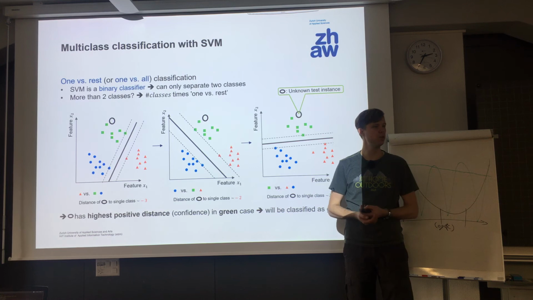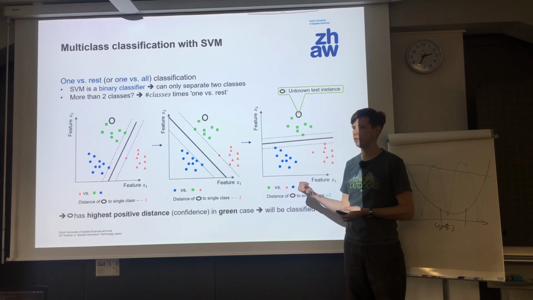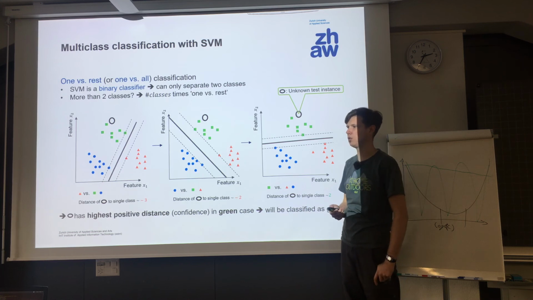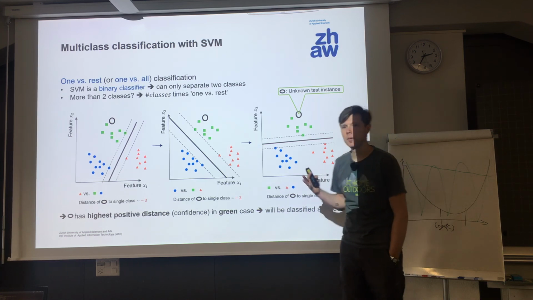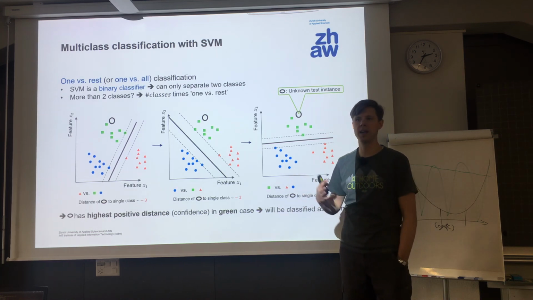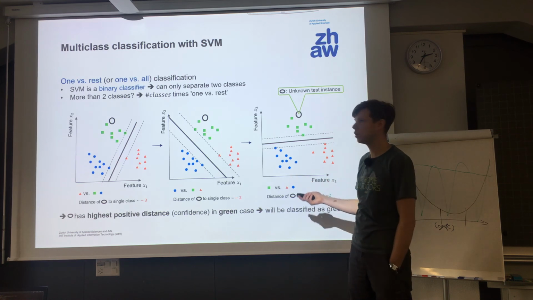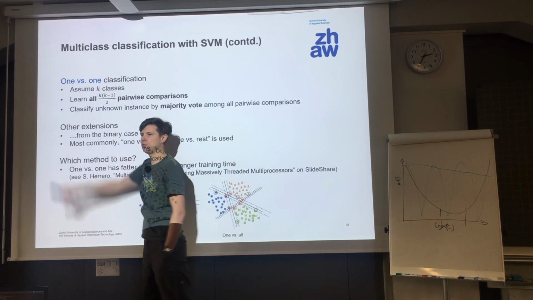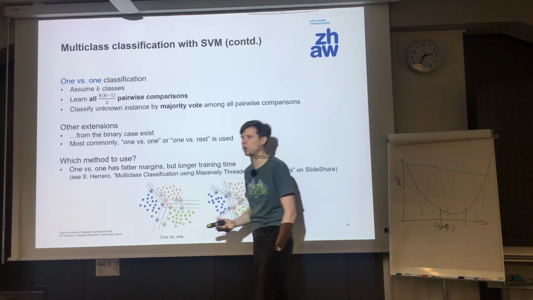That's a possible scheme, and of course this is not particular to SVMs. You can use it for any binary classifier you want to extend. But naturally, this is not the only way you could do it. A different scheme would be one versus one classification, where you need to build many more classifiers.